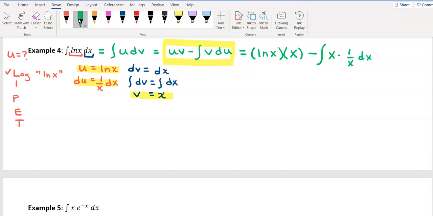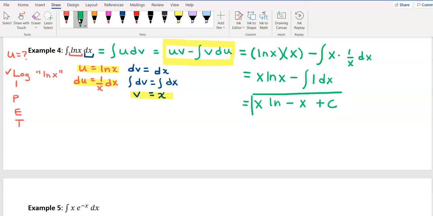So we obviously need to clean this up a little bit. You should put the x in front of your ln for the first part, so x ln of x. And then we can clean up the integral, so x times 1 over x is just 1 dx, or just dx. And so the antiderivative on that, of course, is just x. And then we need our constant of integration, since we have now done all of the integrals and we are at the end. So there's example 4.